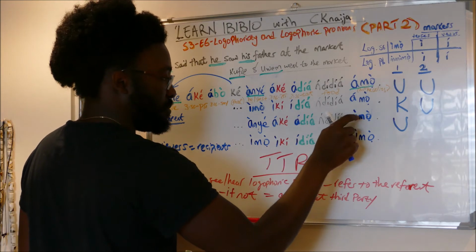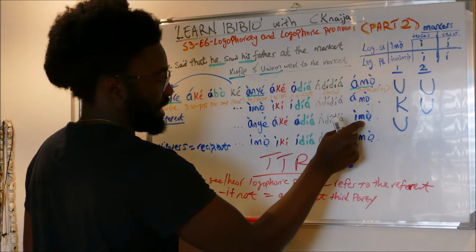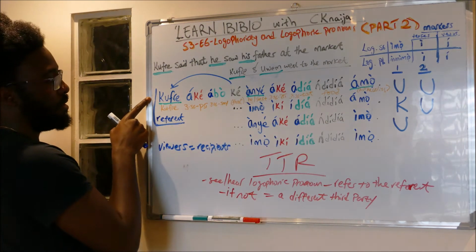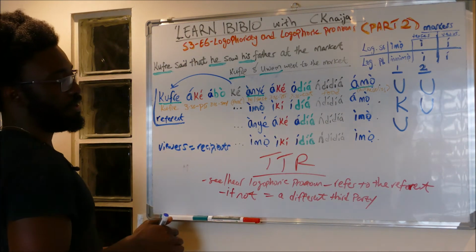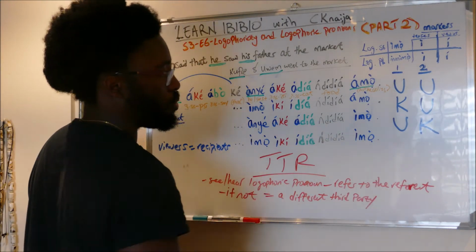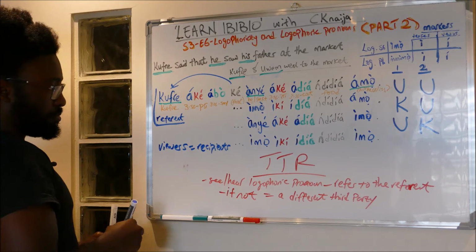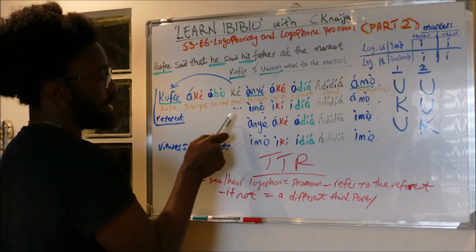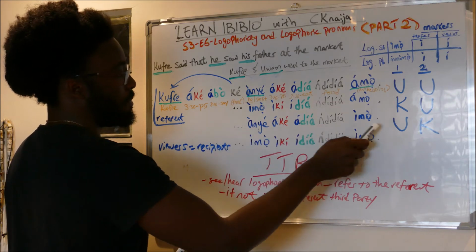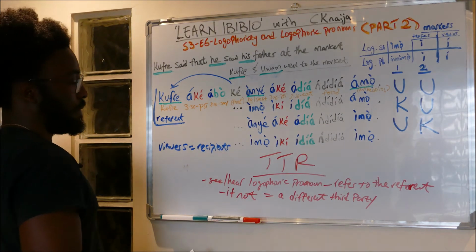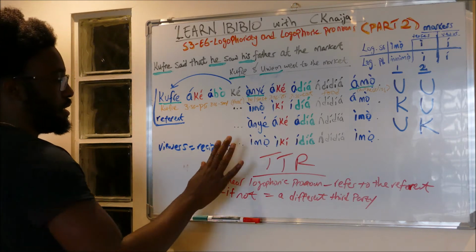And because of the logophoric possessive adjective, we refer back to the referent, and we know that this is talking about Kufre. Okay, so in this third example, it's Kufre said that he ate Kufre's food.